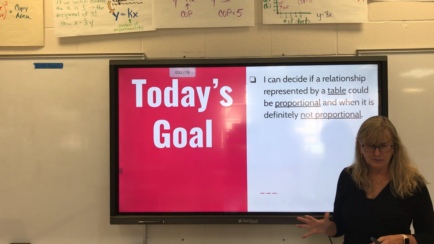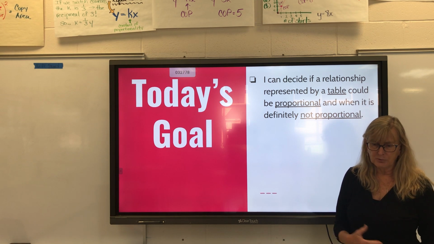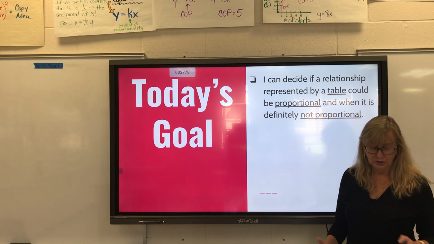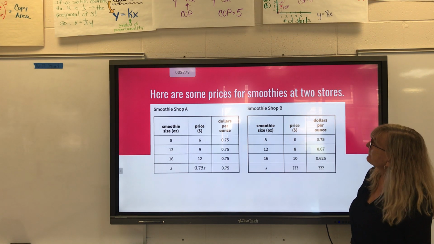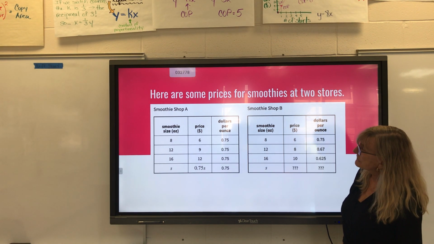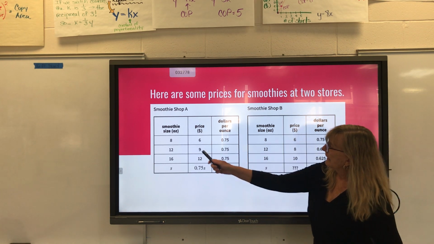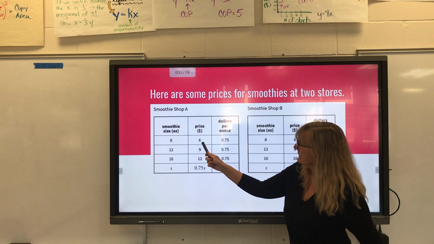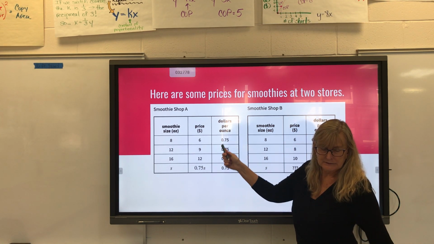So we're going to get into a little bit of semantics about definitely proportional and just could be proportional. We're going to start out by looking at some prices of smoothies at 2 different stores. At Smoothie Shop A, an 8-ounce smoothie costs $6. What is this column right here telling us?